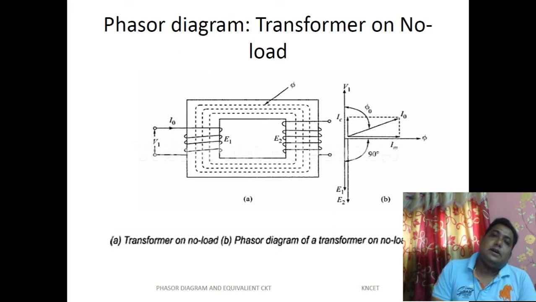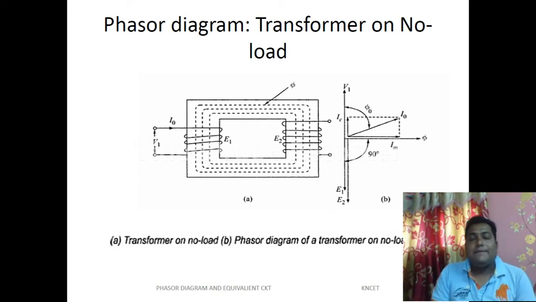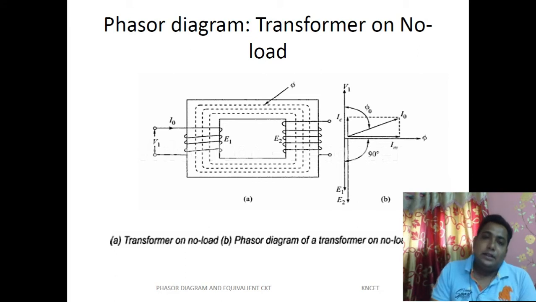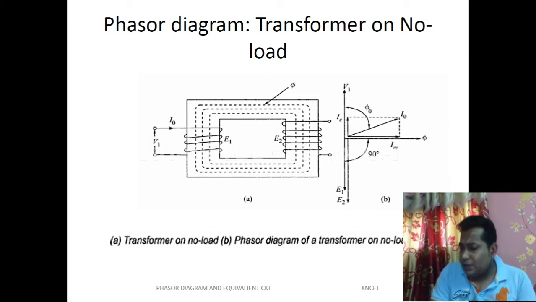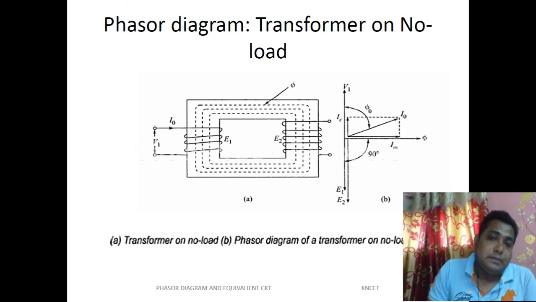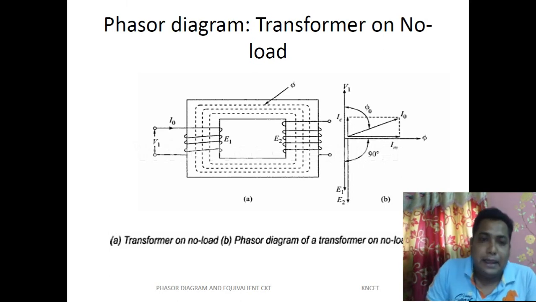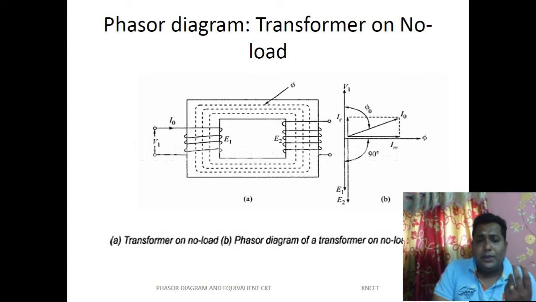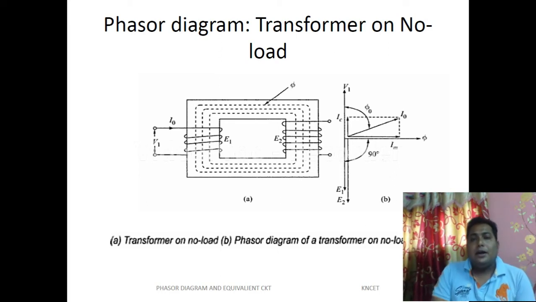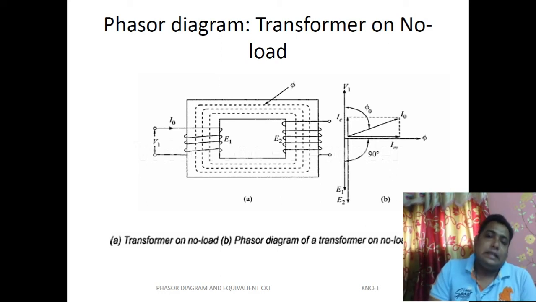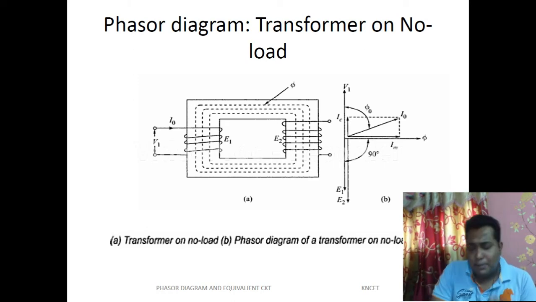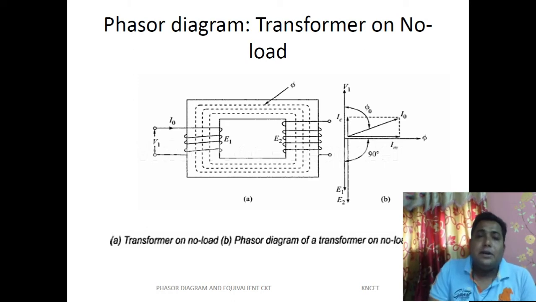The first purpose is the flux generation in the core area, and the least amount of current is absorbed in the resistive property present in the copper of the primary winding. So the whole current is not utilized for flux generation. Some amount of current is absorbed in the copper winding's resistive property, so it is lost there, and the rest of the current is utilized for the flux generation.